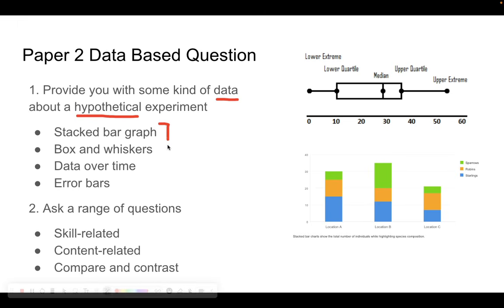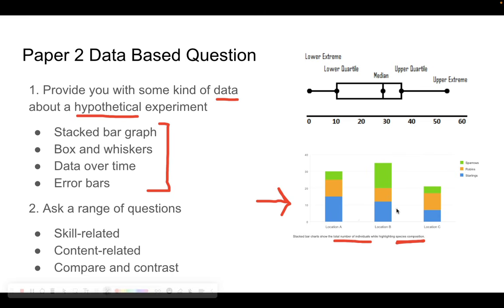These are some of the types of graphs that have come up historically on these database questions. A stacked bar graph is like this one right here. And remember, this is giving you total number of individuals while highlighting the breakdown of individuals of certain species.